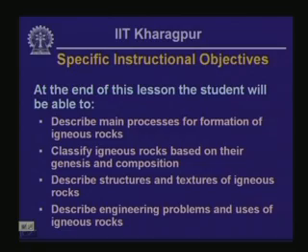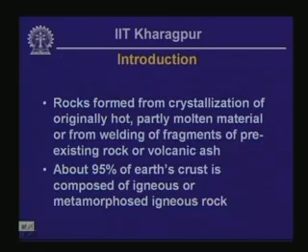We want to look at the textures and structures within the igneous rock bodies, and finally we will examine the resource material that can be available from igneous rock bodies, as well as the difficulties of construction or the advantages of different construction projects in igneous rock terrain.